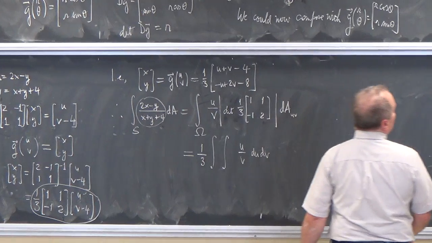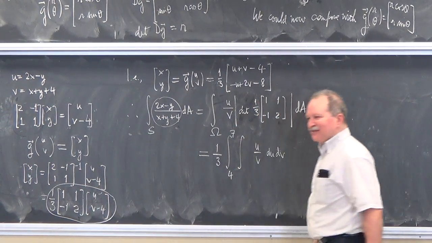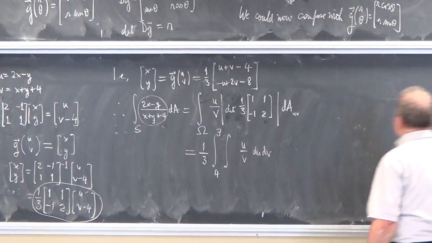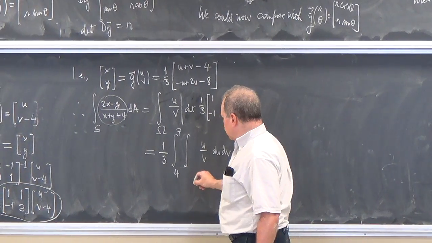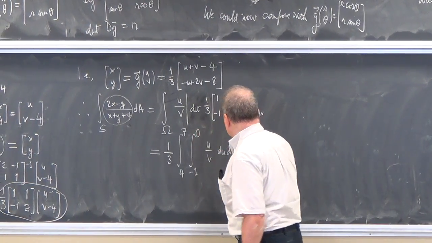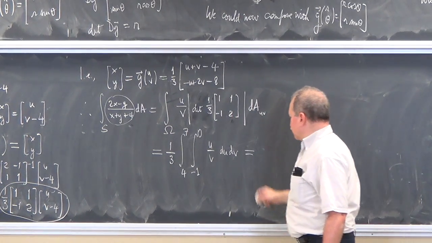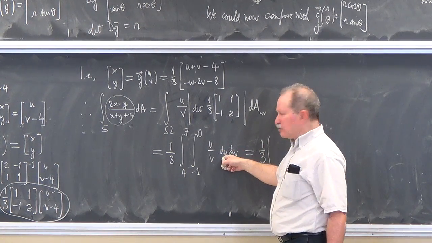All right, set up the iterated integral. V goes from what to what? 4 to 7. Doesn't matter what order you're doing because the problem is over a rectangle and it really is simple. U goes from what to what? So what do you get? You get 1/3 times the integral of u over v du.